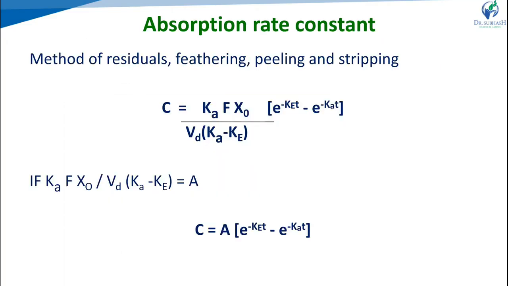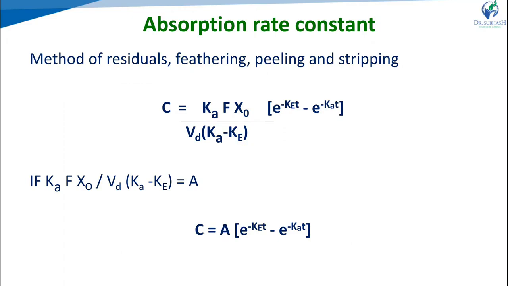The first one, the method of residuals, is used for the calculation of the absorption rate constant. This method or technique is also known as the feathering, peeling or stripping method. It is commonly used in pharmacokinetics to resolve a multi-exponential curve into individual components.